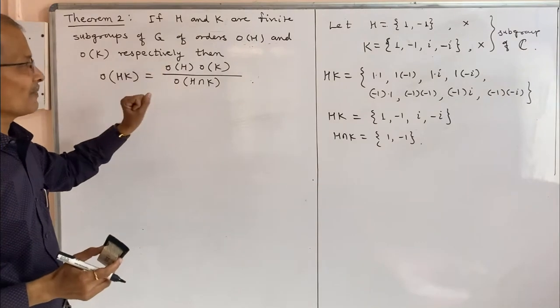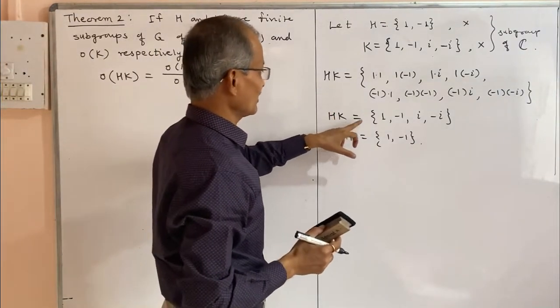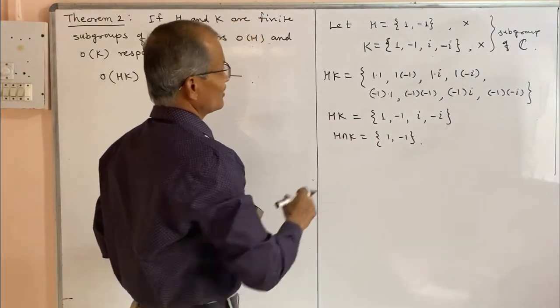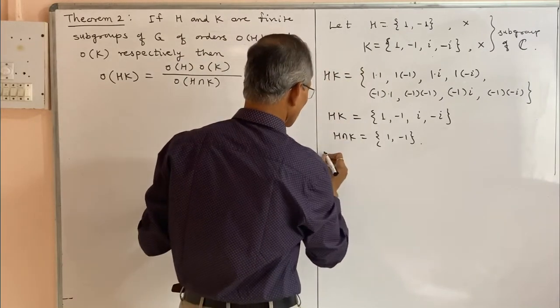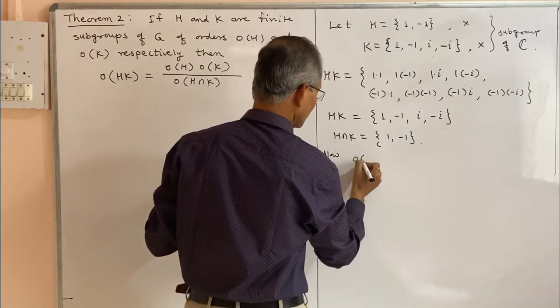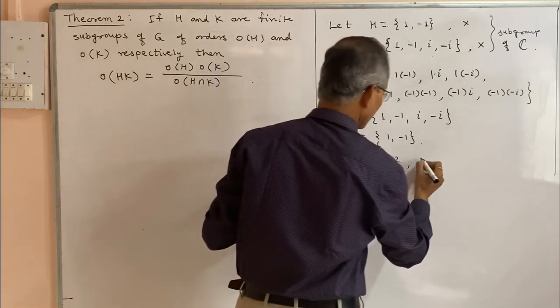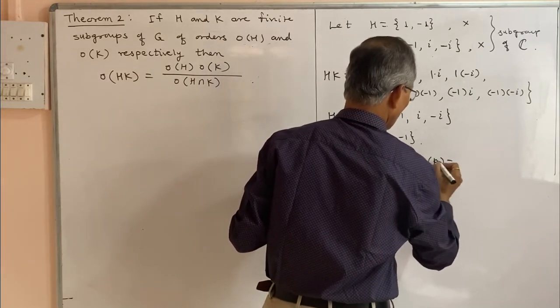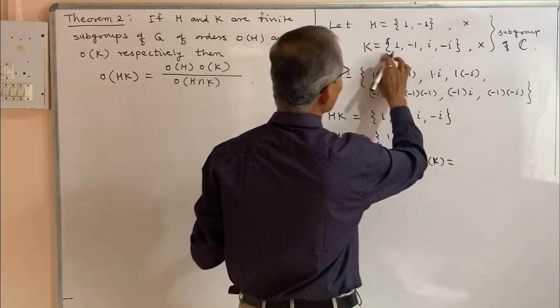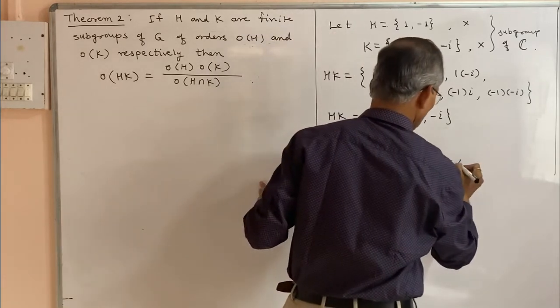Now we shall write the orders of each. Order of H is 2, the number of elements in H. Order of K is the number of elements in K, which is 4.